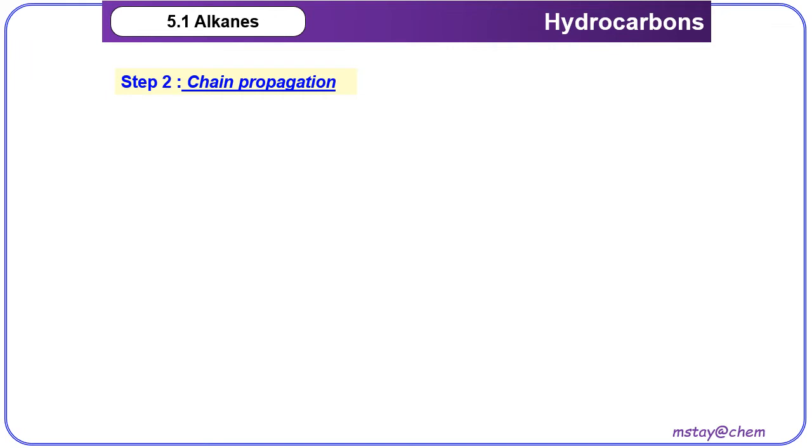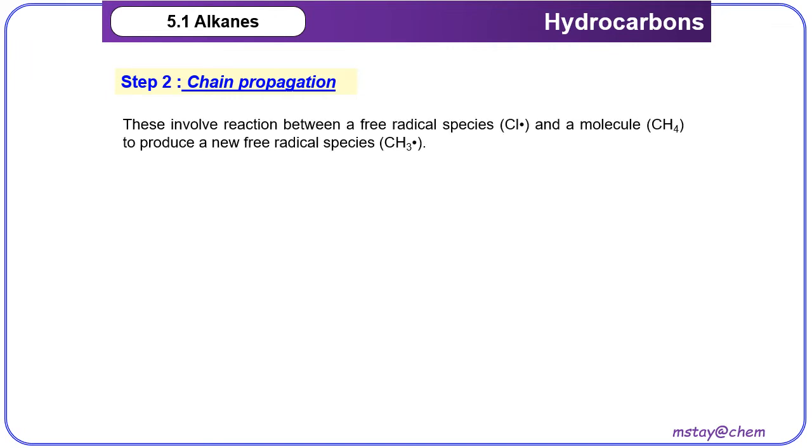After we get the free radicals from step 1, the free radical will proceed to step 2, where it will react with, or attack, the molecule of CH4 and form another new free radical.